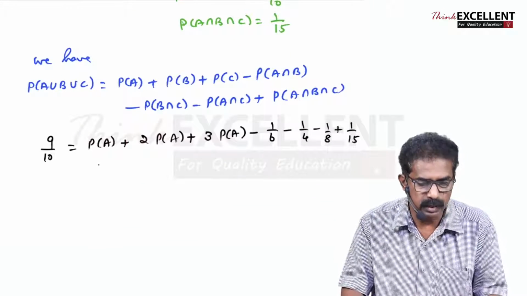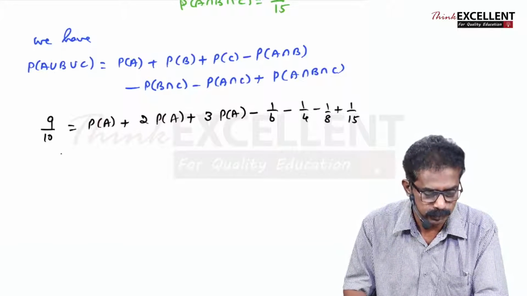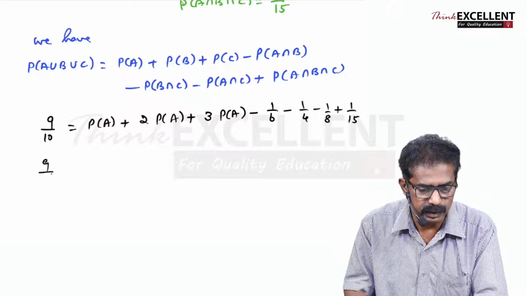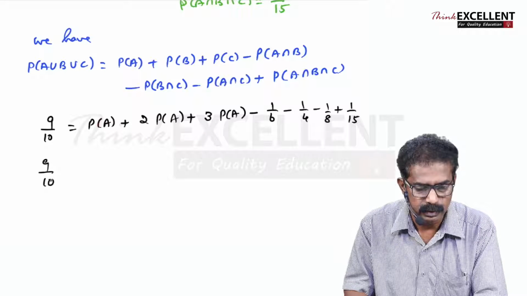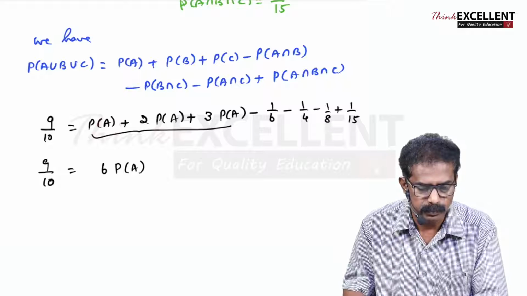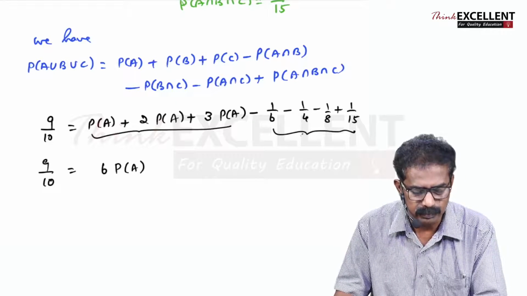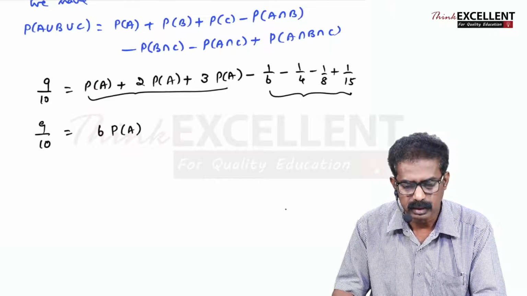So now listen how to simplify. 9 by 10 you write as it is. P of A terms if you group, you are getting 6 times P of A. Now for all these fractions you can take the LCM of 6, 4, 8, 15.